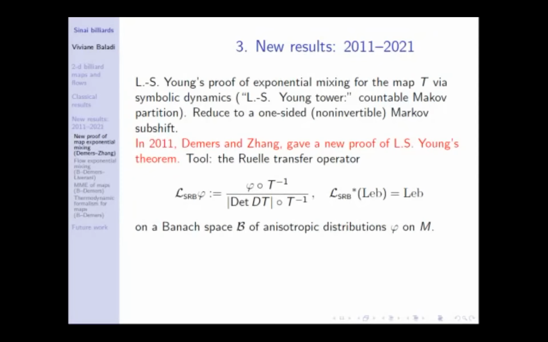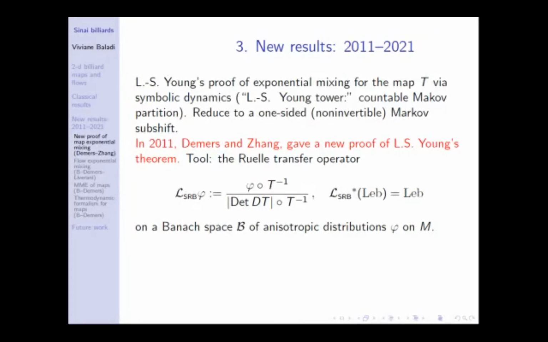And 10 years ago, a new technique was introduced for this problem, which is to use, instead of symbolic dynamics, just define an operator acting on functions or distributions which live on this manifold. Remember, we have this simple two-dimensional for the map, three-dimensional for the flow, compact manifold with boundaries. That's where the system is acting.